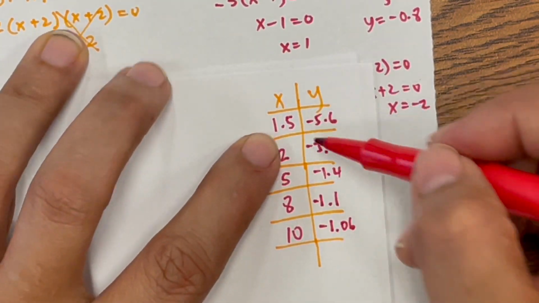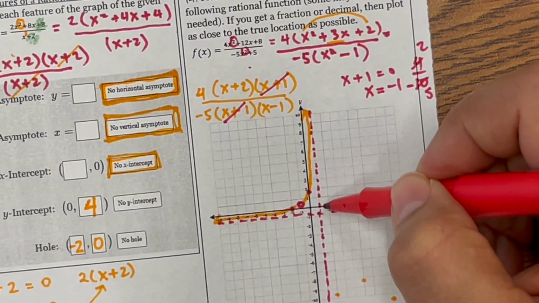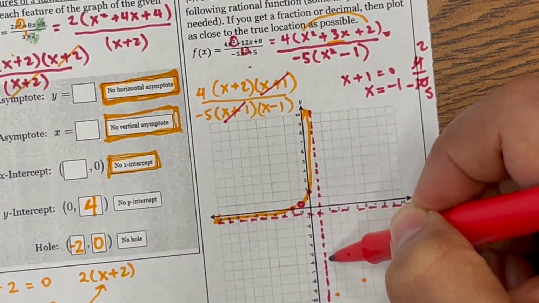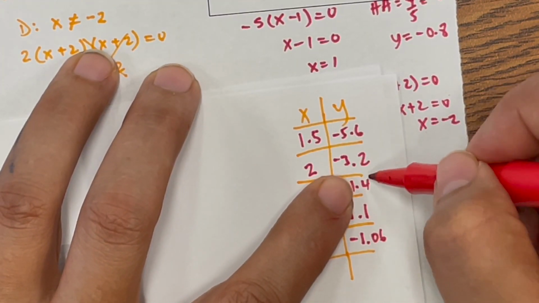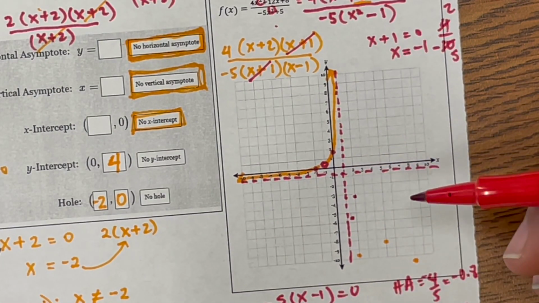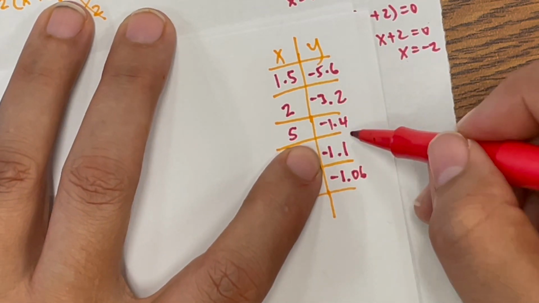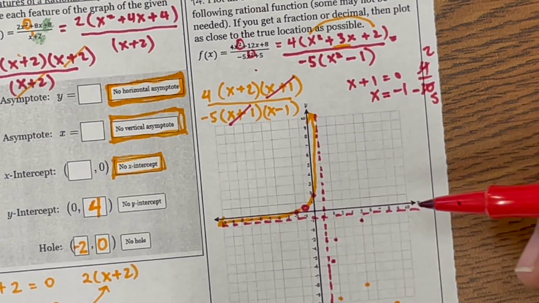All right, now we're going to go plot these points. When x is 1.5, it's negative 5.6, somewhere there. When x is 2, y is negative 3.2, somewhere there. When x is 5, negative 1.4, somewhere there.